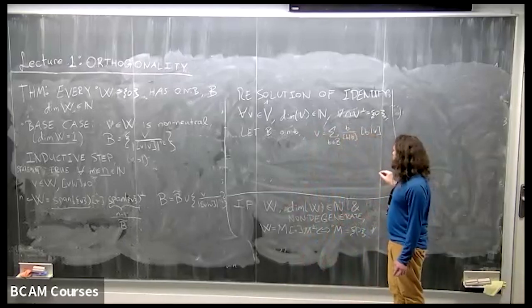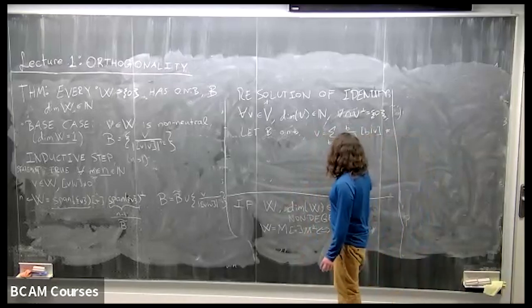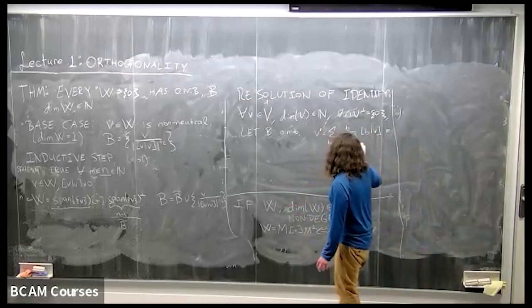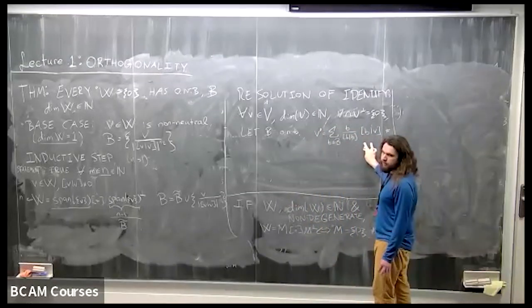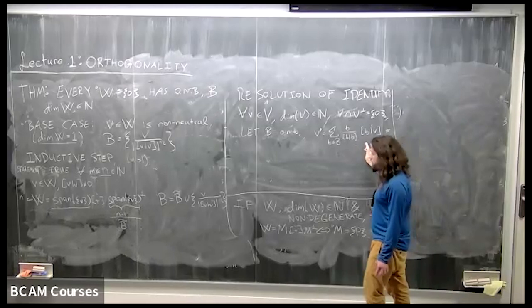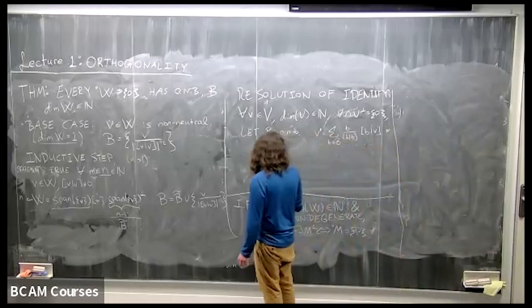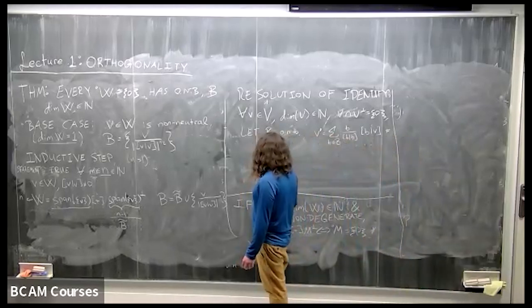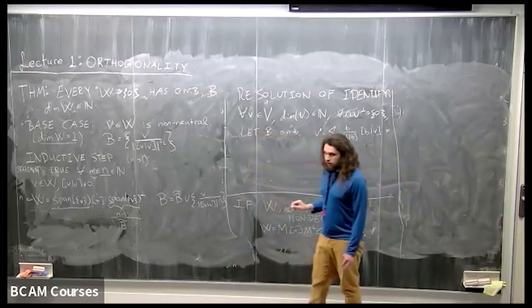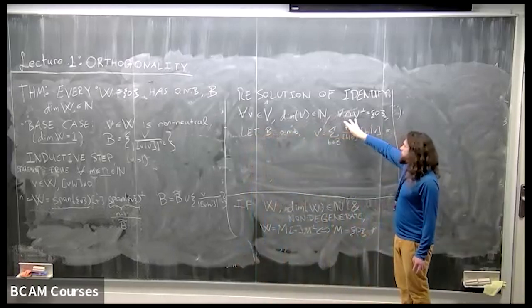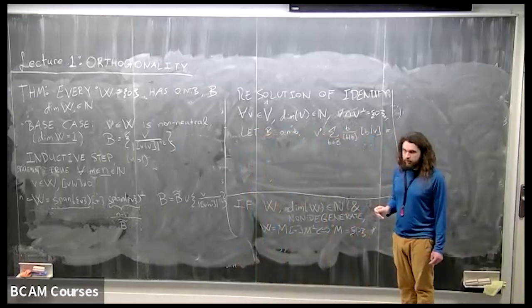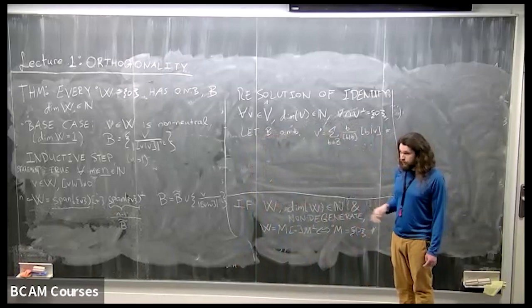And so to prove this formula, maybe I can give this vector a name. I can call this vector v prime for every v, and our goal is to show that v prime is equal to v. Because we know the space is non-degenerate, we know that 0 is the only vector that's orthogonal to everything else in the space.